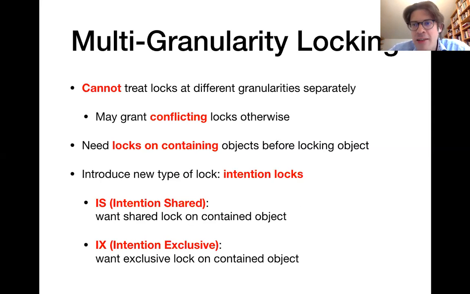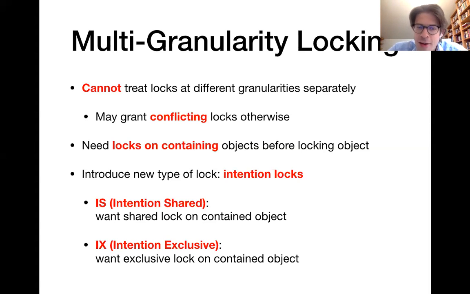Essentially, if you acquire an intention shared lock on some object in that object hierarchy, it means that you intend to acquire a shared lock on one of the contained objects. If you have an intention shared lock on a table, it could, for instance, mean that you intend to acquire a shared lock on one of the pages in that table or on one of the tuples on one page of that table.